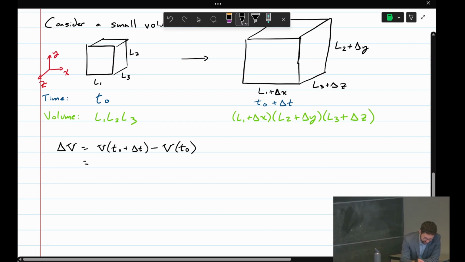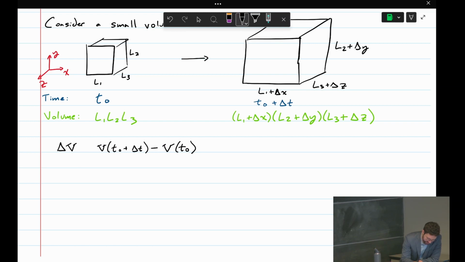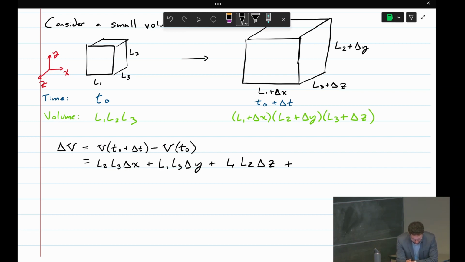If you work this out, I'm not going to work it out because I don't think you want to see me work this out, but it's L2 L3 delta x plus L1 L3 delta y plus L1 L2 delta z, plus a bunch of terms that we'll just call higher order terms. For example, L2 delta x delta y.